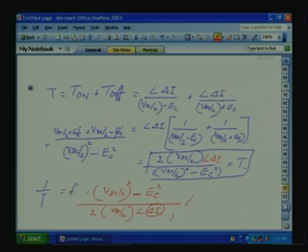Delta I is equal to VDC by 2 whole square minus EC square, divided by VDC L F. So, this is the relation between delta I and F.